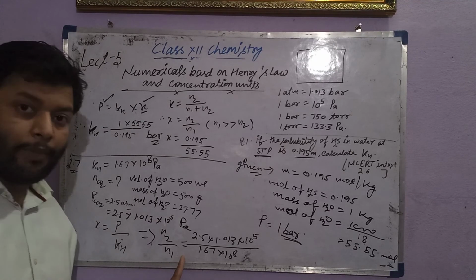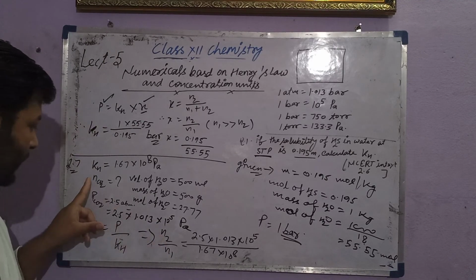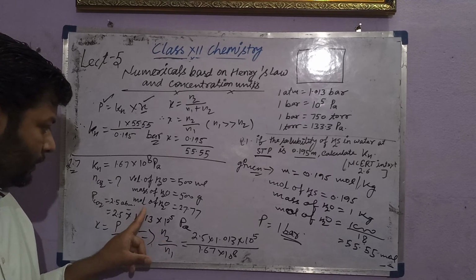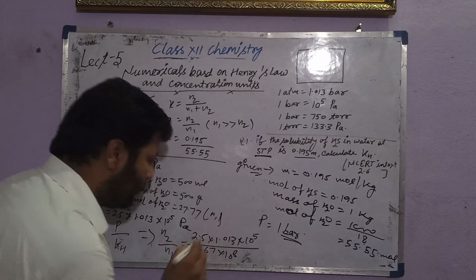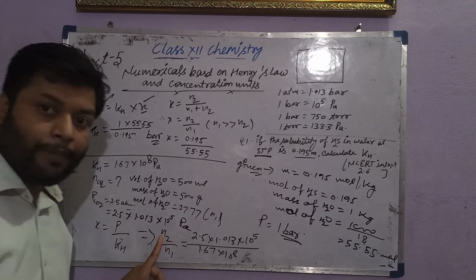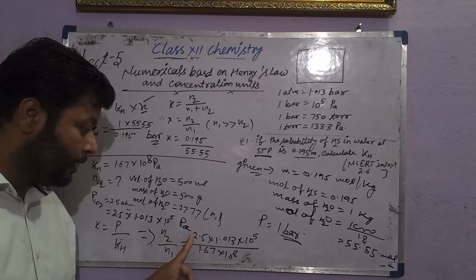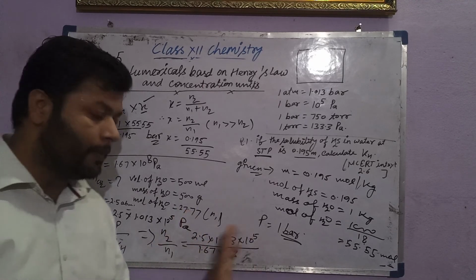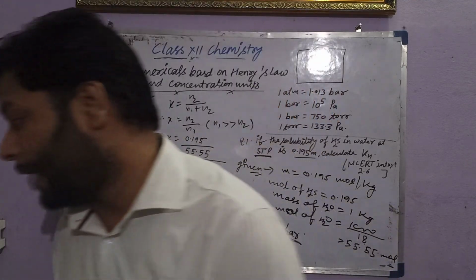With the help of this formula, you can calculate the value of N2, which is the moles of solute. N1 is 27.77. So N2, the quantity of CO2 dissolved at the given condition, will be this whole value multiplied by 27.77. This is all about Henry's law.